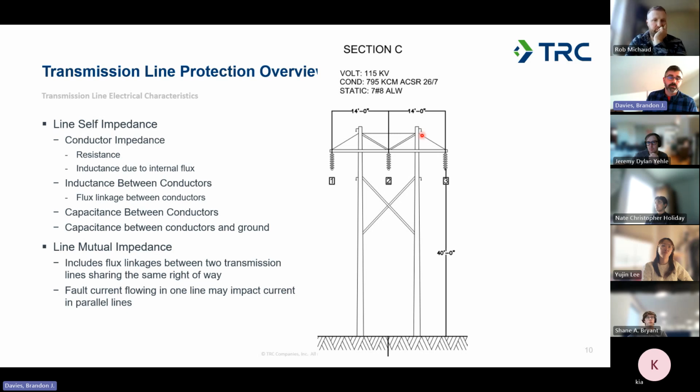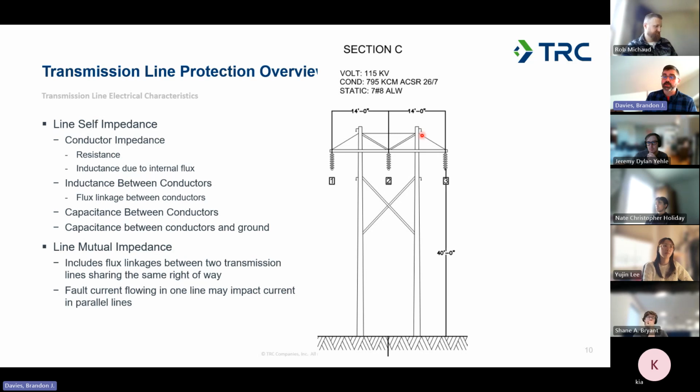But you're also going to have inductance between the conductors as well. So the geometry of how your transmission structure is set up is going to have an impact on your model as well. And then you get capacitance. You get capacitance between your conductors and capacitance between your conductors and ground.